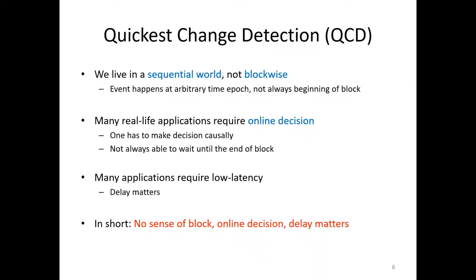The third feature is that in many applications, latency and delay matter. So, in summary, there is no sense of block, we make online decisions, and latency and delay matter. Those are the features of the QCD.